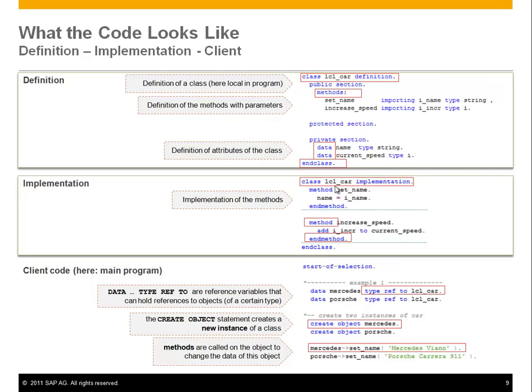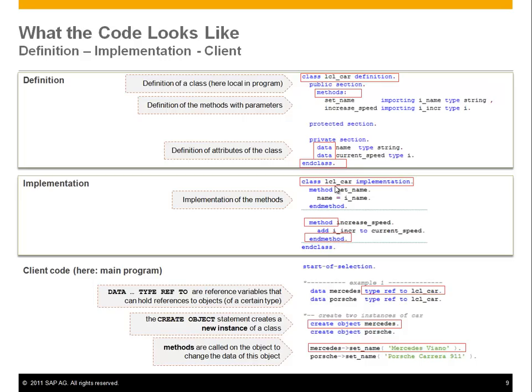And you can guess there is a public section and a private section. Protected we'll come to later, but the data is private, so you can't see it from the outside, and the methods are public, so you can see and use them from the outside. So this is the definition, which means this is what the car class looks like from the outside. And now something is missing, that's the implementation.